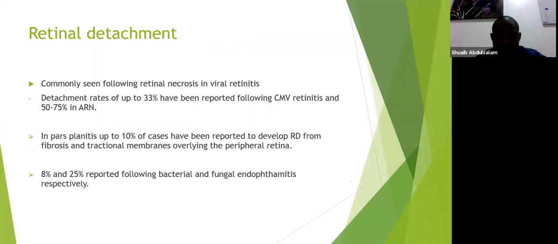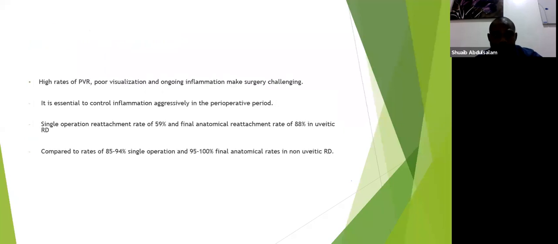It's commonly seen in viral retinitis, and detachment rates of up to 33% have been reported following CMV retinitis, and up to 75% in acute retinal necrosis. In vasculitis, up to 10% could develop a retinal detachment from fibrosis and tractional membranes overlying the peripheral retina. Then 8% and 25% are reported for bacterial and fungal endophthalmitis, respectively.